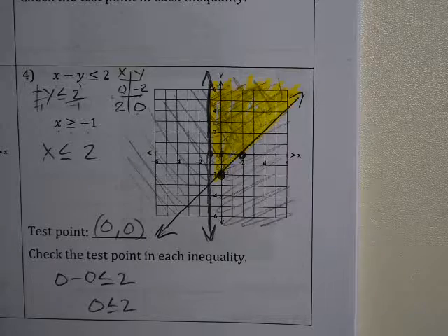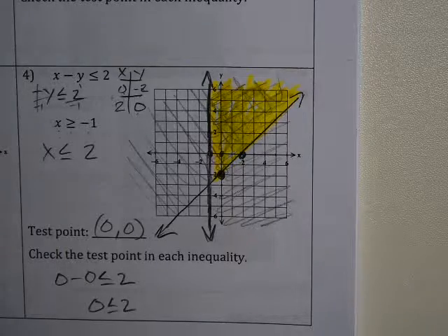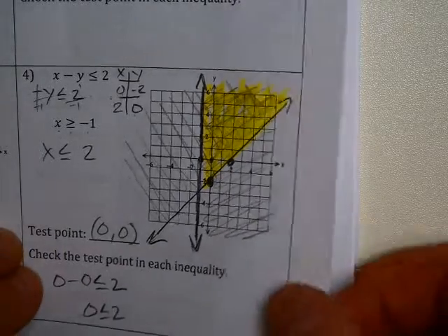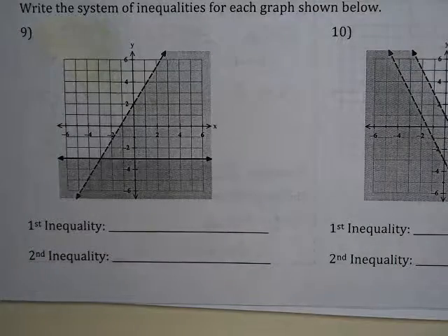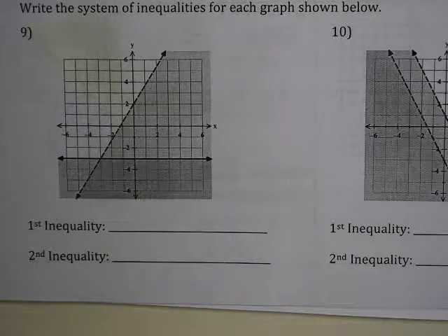Okay, let's flip to the inside. Let's look at some of the harder ones, because I think the harder ones are where you have the system of equations, but you have to write the inequality. Let's look at this one.